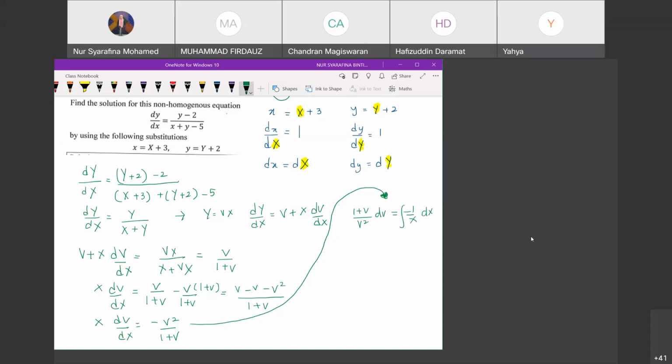If you want to remain the negative, it also can. So just separate this and then integrate one by one. Okay, what should you get here?